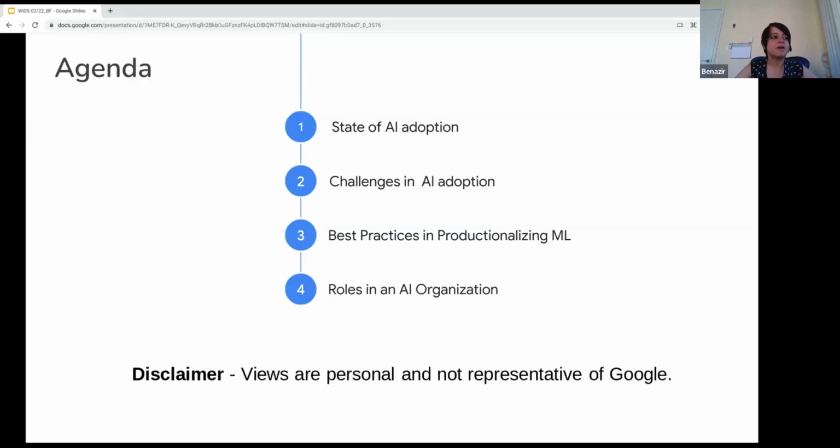And fourth, I wanted to quickly touch on the roles in AI organizations. We mostly see data analyst, data scientist, and ML engineer. But if you have domain knowledge in an industry, and if you have learned ML, how can you apply that in other roles? So I wanted to touch on the other roles in an AI-enabled organization.